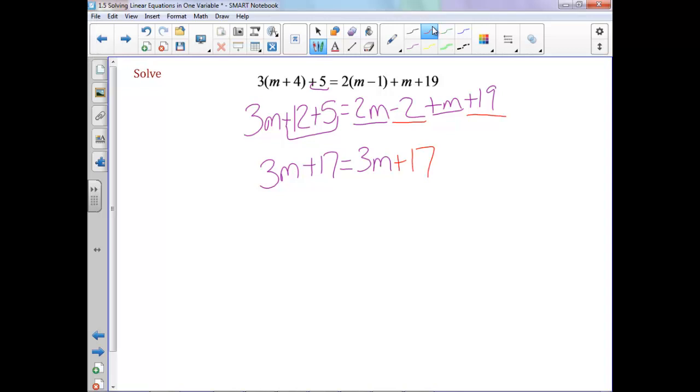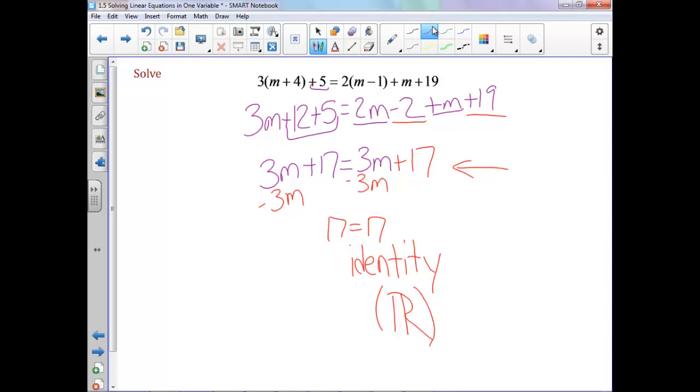Now notice we've got the exact same thing here. If we were to subtract this 3m from both sides, we'll get 17 equals 17. And 17 does equal 17. So what this means is this is an identity or all real numbers work.